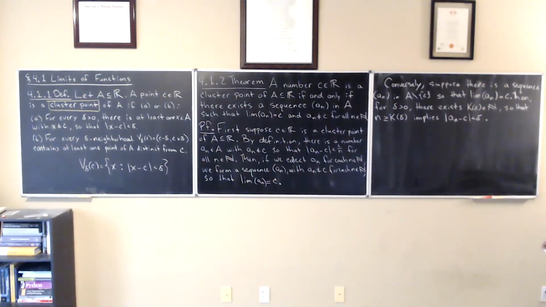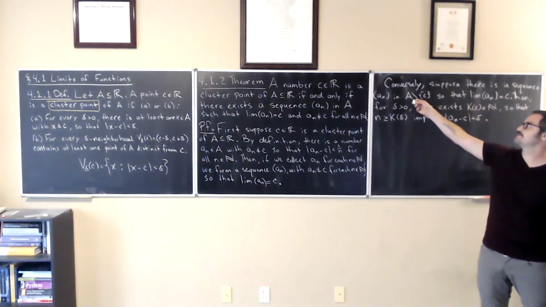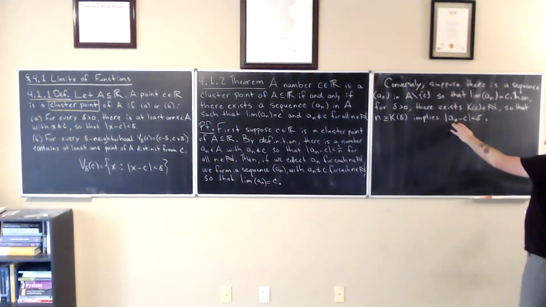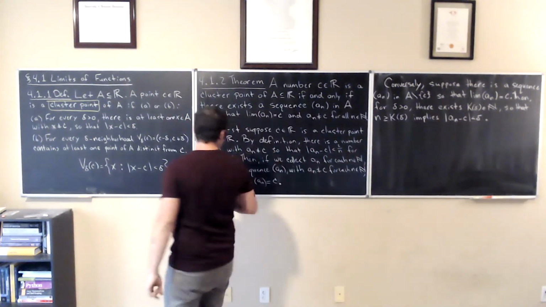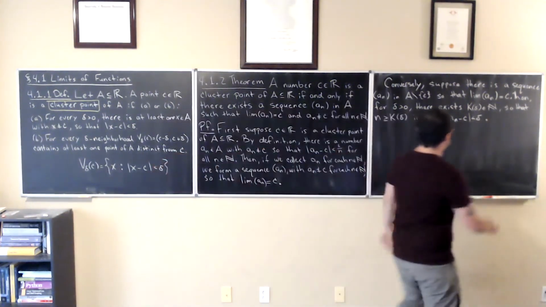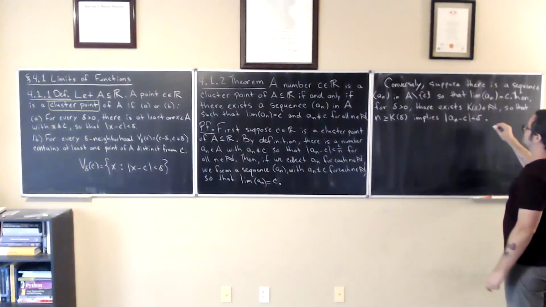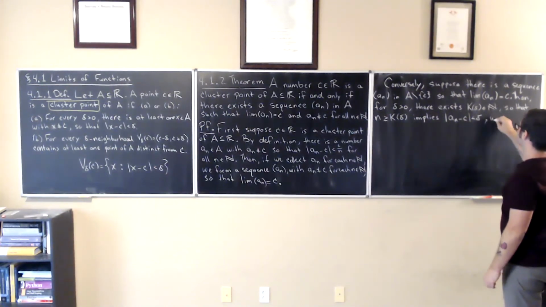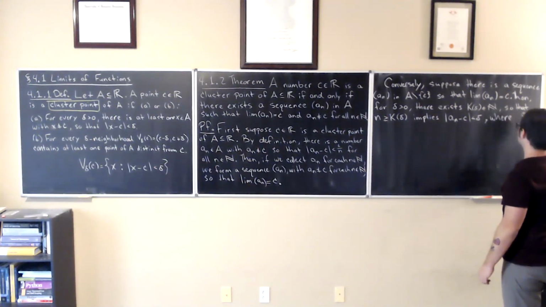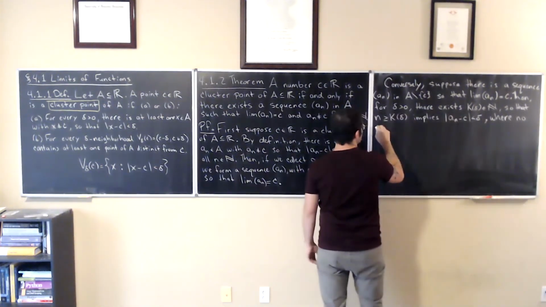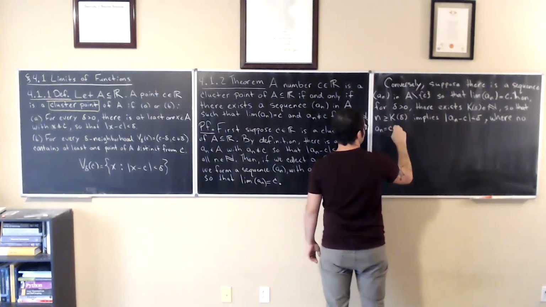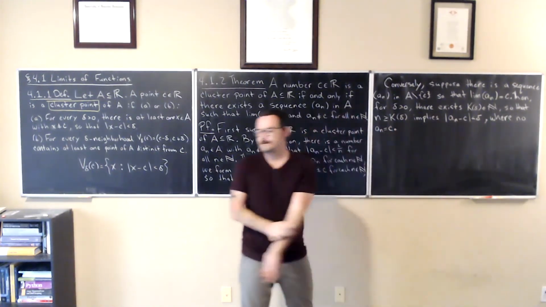Okay, so now since this sequence lives in A set difference C, none of these A sub n is going to be equal to C. So maybe I should say that, where no A sub n equals C. Okay.